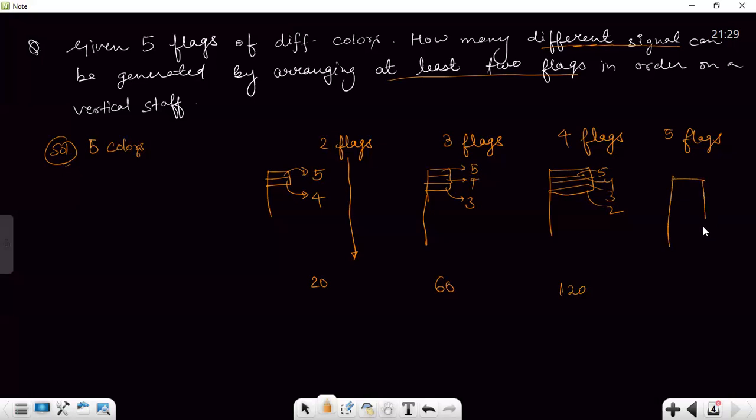Using all the flags, 5 options for the first, then 4, 3, 2, and only one flag left. That is 5 factorial, 120.